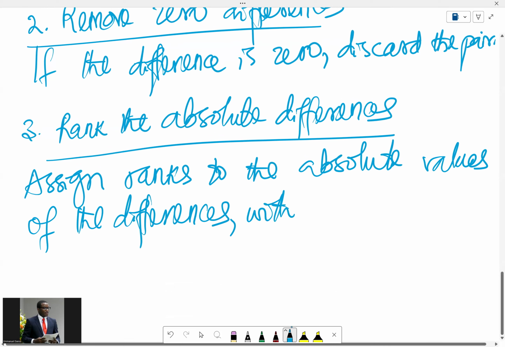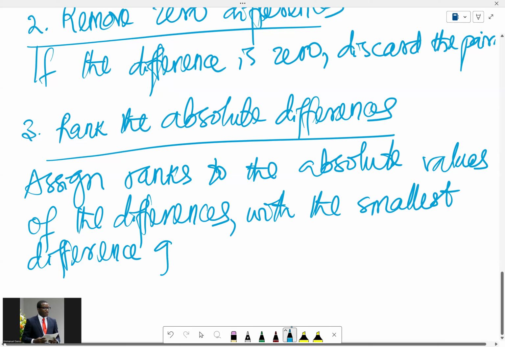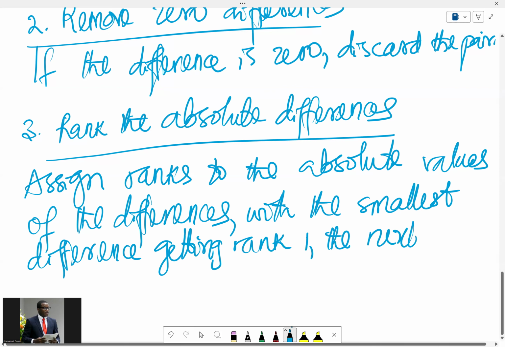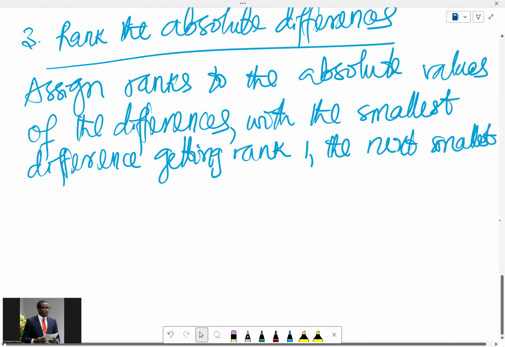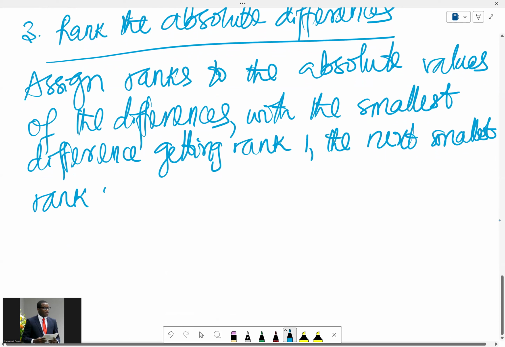The smallest difference gets rank 1, the next smallest rank 2, and so on.